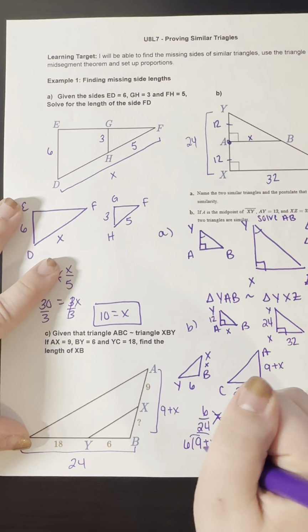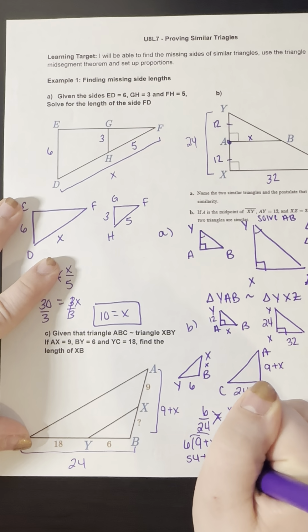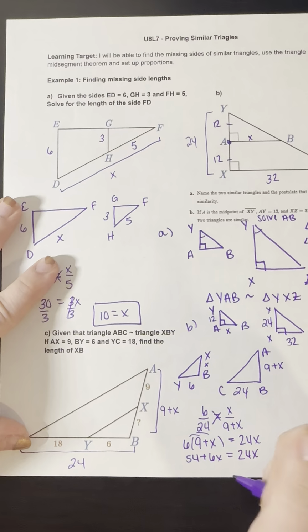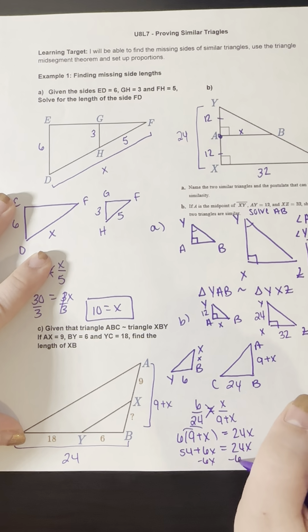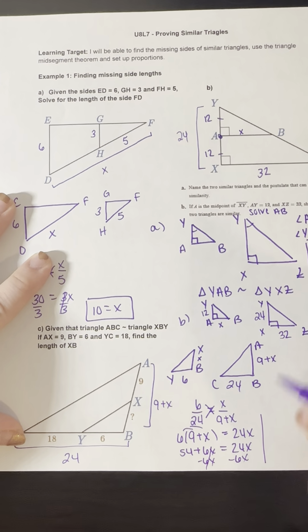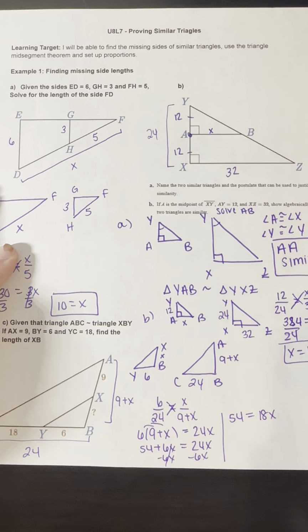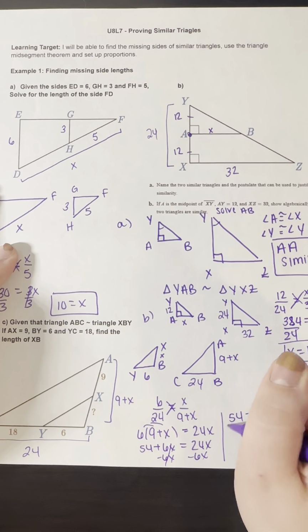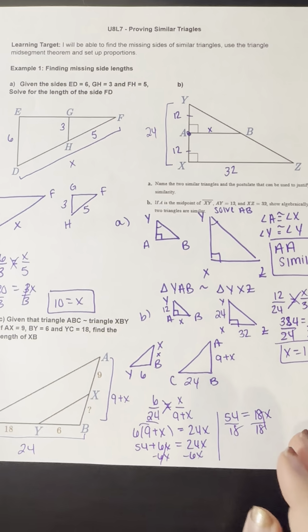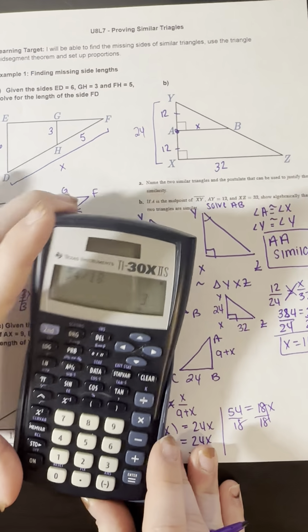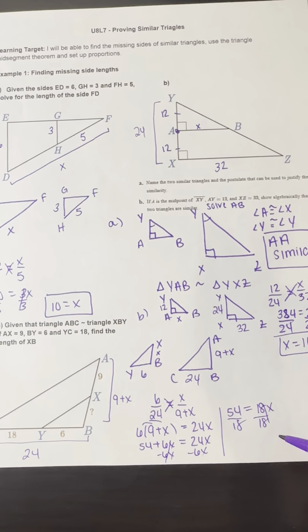Distribute that 6: 6 times 9 is 54 plus 6x equals 24x. I'm going to subtract my 6x over. We get 54 equals 24x minus 6x, which is 18x. Divide by 18, divide by 18. If you're not sure what that is, you can always use your calculator. 54 divided by 18 is going to be 3. So we get x equals 3.